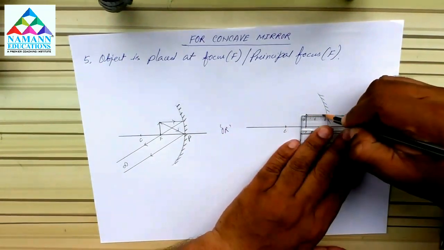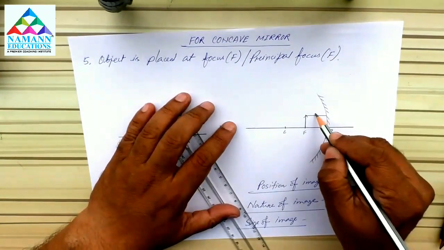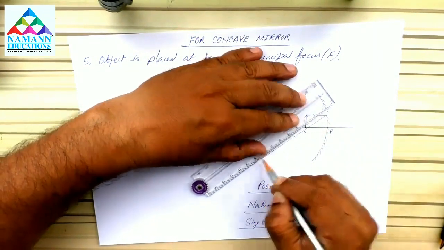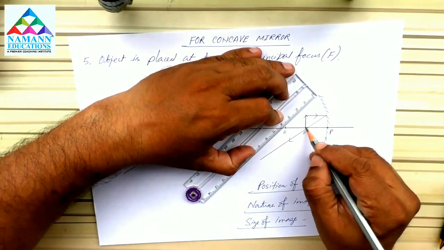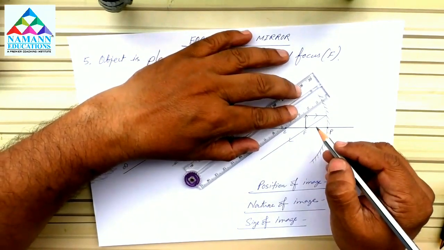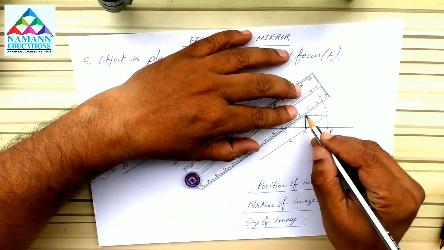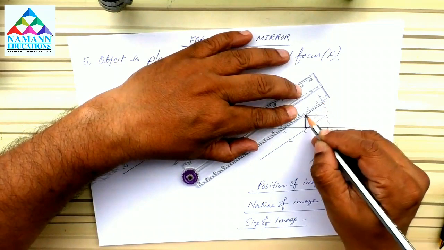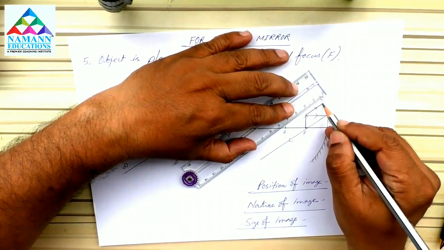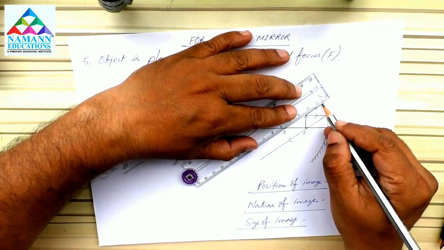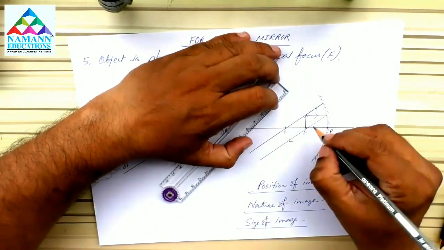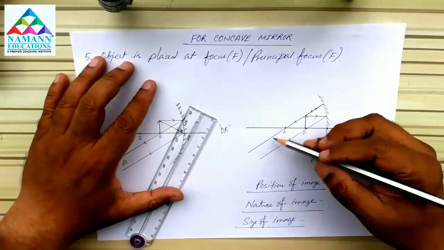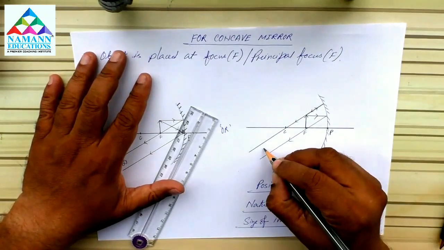If a ray of light incident parallel to the principal axis, after reflection, this light ray passes through focus, and another ray of light, it incident on the mirror in such a way that there is normal incidence, and this light ray will retrace its path after reflection, and the reflected light rays, these two light rays should appear parallel to the principal axis.